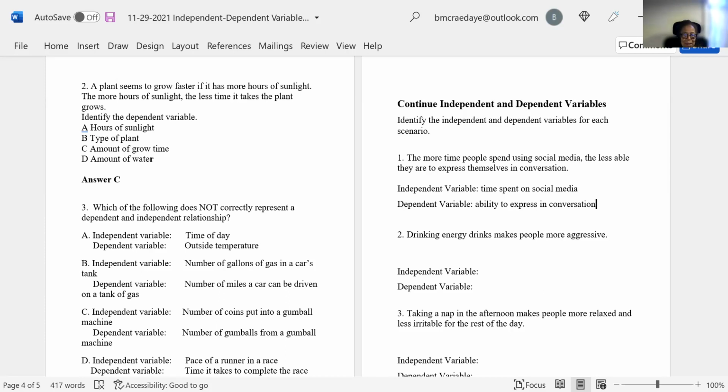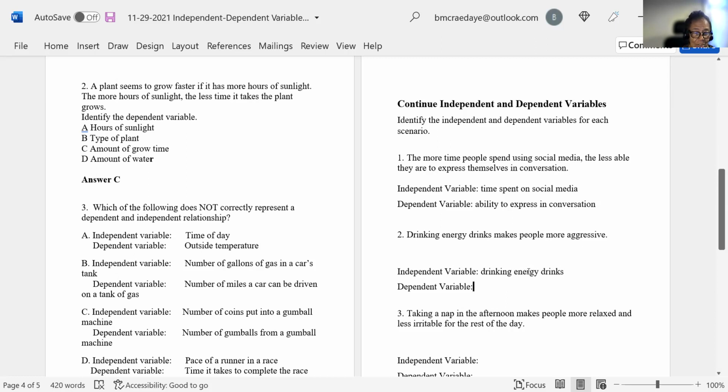Okay, Marie, what about number 2? Drinking energy drink is independent. That's right. The other one, makes people more aggressive, is dependent. Very good. Drinking energy drinks is the independent variable that affects aggression.